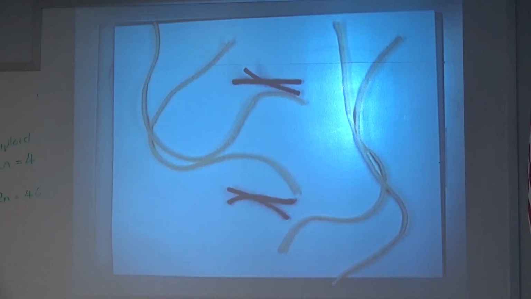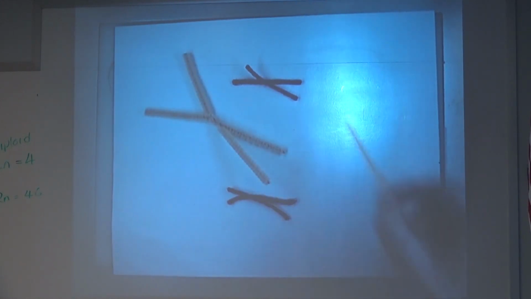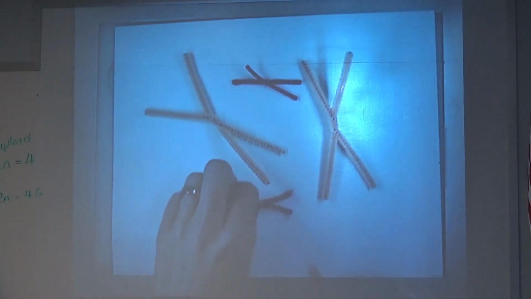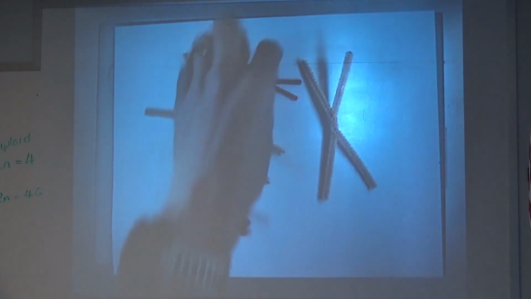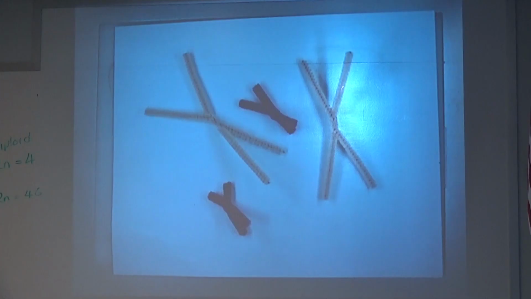Because right now it's long and floppy and it's going to get tangled up. So to make it easy to handle, I'm going to, ta-da, turn it into replicated chromosomes. All right. So right now we're at the end of interphase. All the chromosomes have been replicated and they've all been condensed.